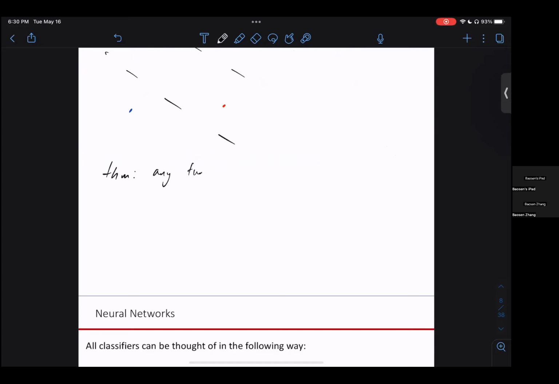Any function, quote unquote, so this is not any, but let's say reasonable functions, right?